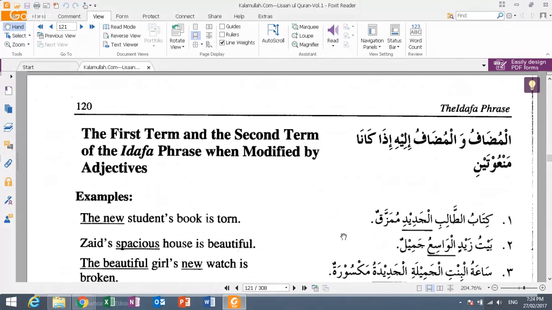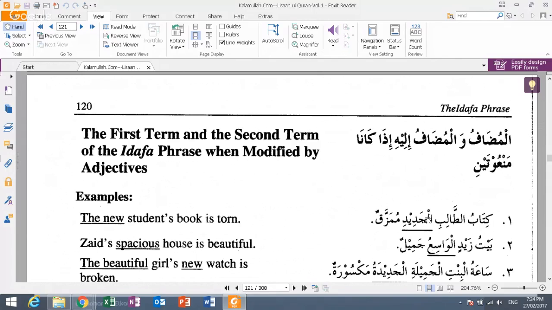Apply the rule, simple as that. Mudaf and mudaf ilayh. If you see that these are which case? The mawsuf sifat case. Kitabu is mudaf. Clear? At-talibi al-jadidi, new students. So at-talib is mawsuf, al-jadid is sifa.